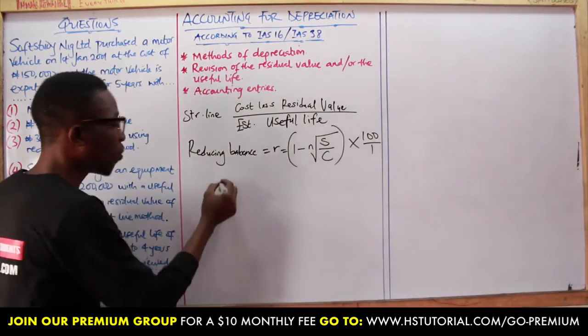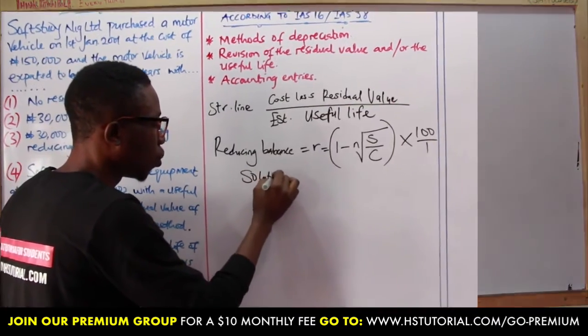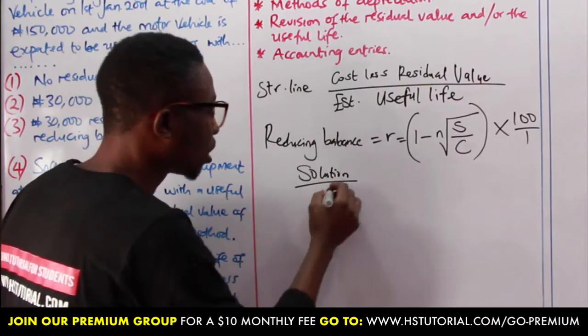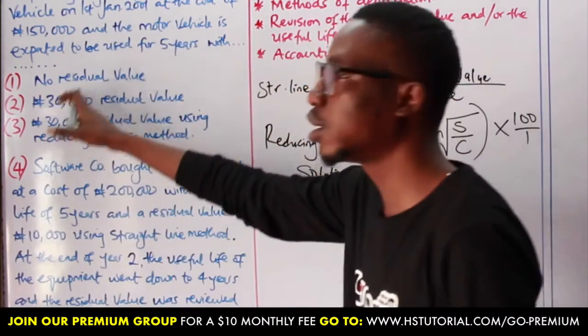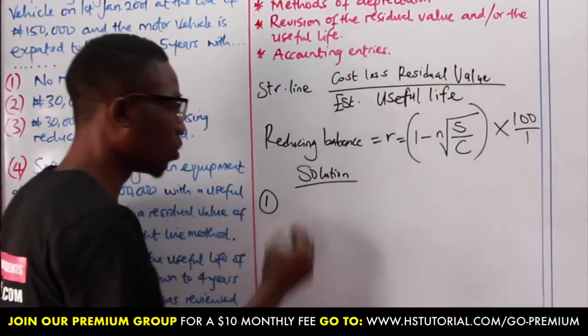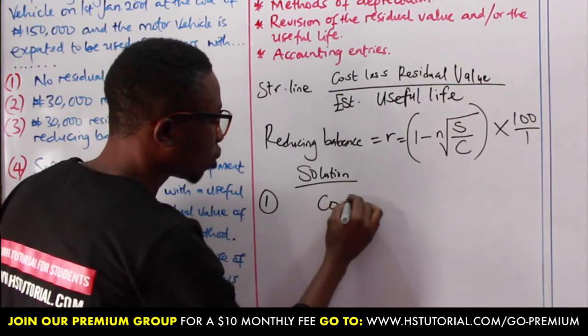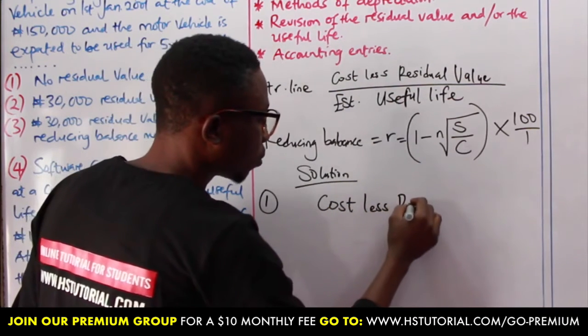First of all, we have to write the formula. What's the formula for the straight line method? This first one, you are actually using the straight line method in solving it. The formula is cost less residual value, over estimated useful life.